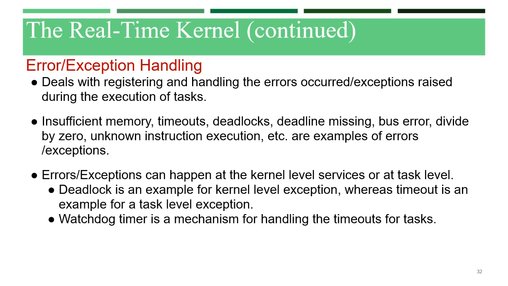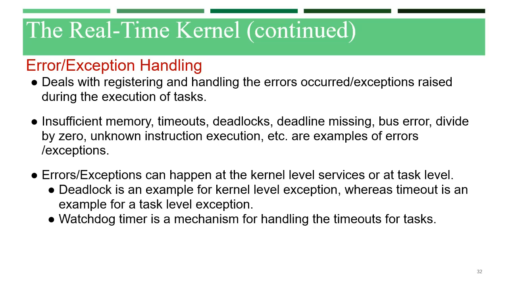Next we have error or exception handling. This deals with registering and handling the errors occurred or exceptions raised during the execution of tasks. Insufficient memory, timeouts, deadlocks, deadline missing, bus error, divide by zero, unknown instruction execution, etc. are examples of errors or exceptions.